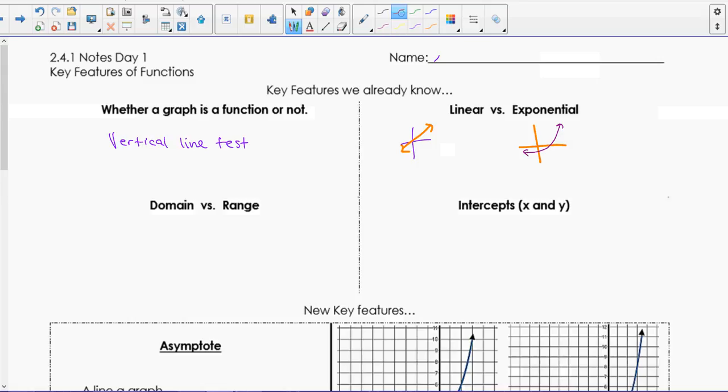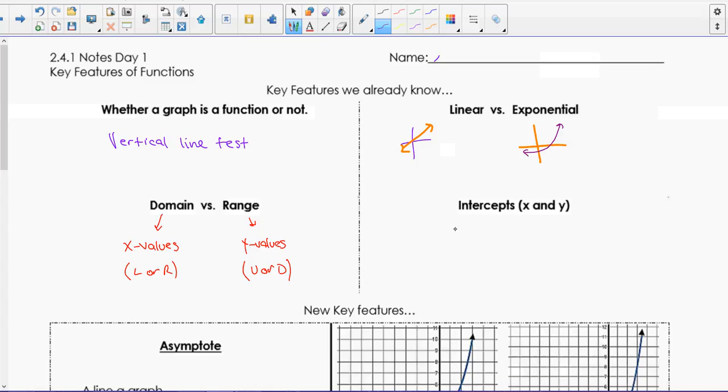Domain versus range. Domain is your x values. How far left or right your function goes. Range is your y values, which means it's how far up or down your function goes.